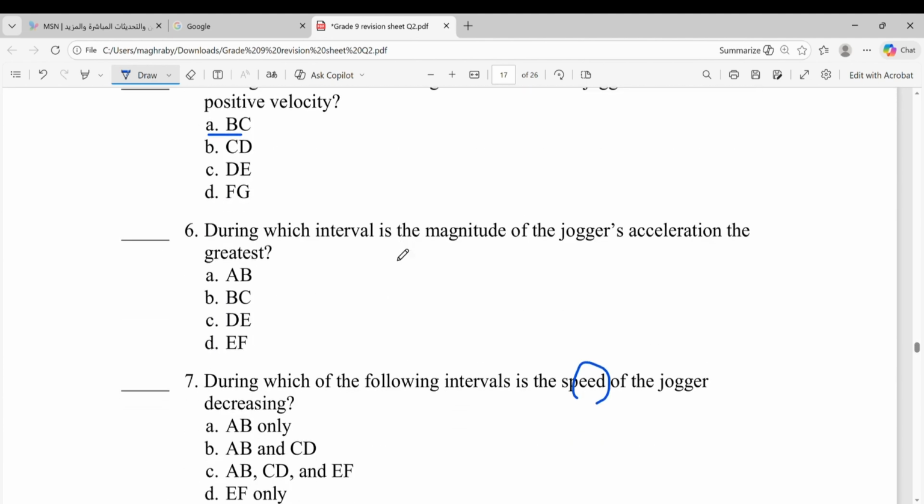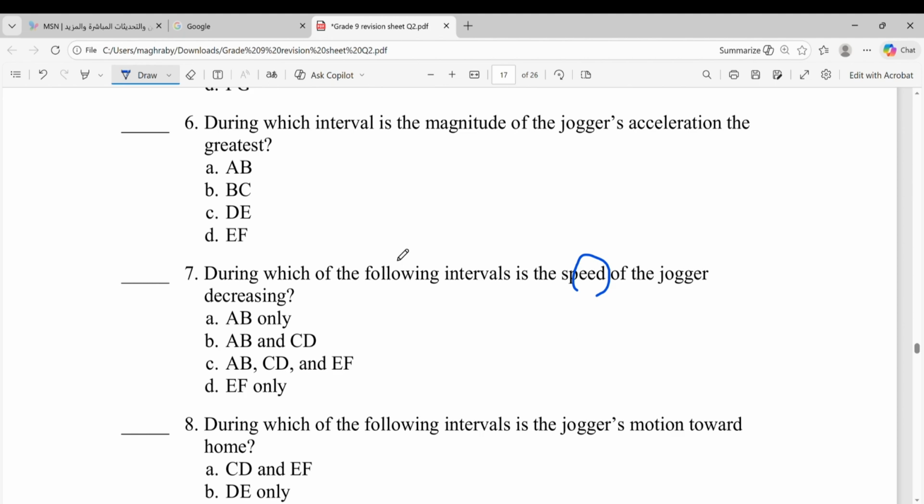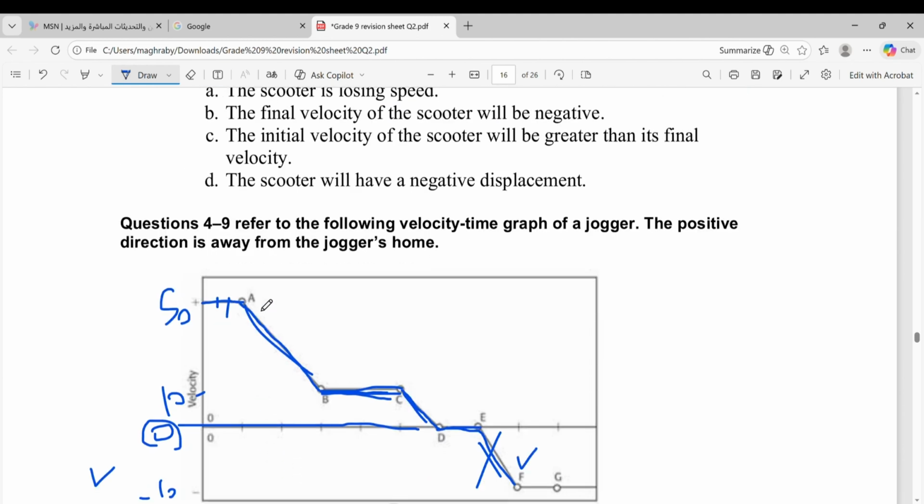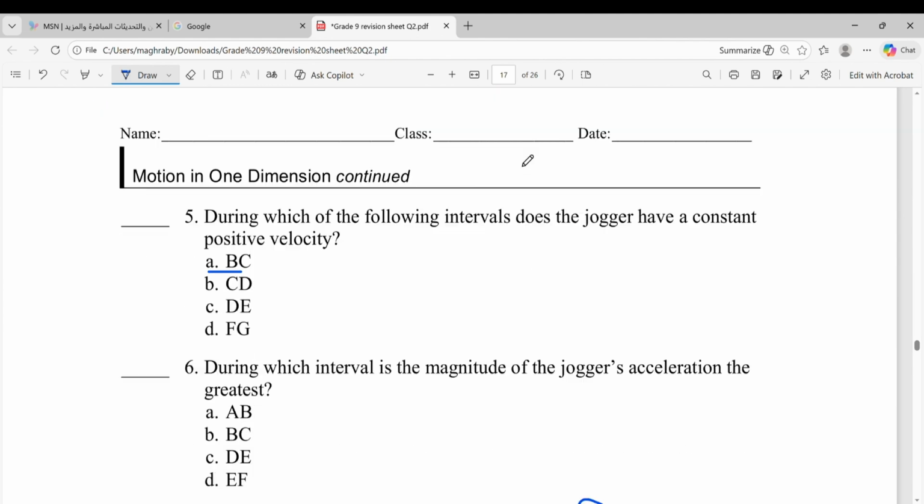So we said we can say 7: AB, this part, or CD, this part. But we can't say this part.